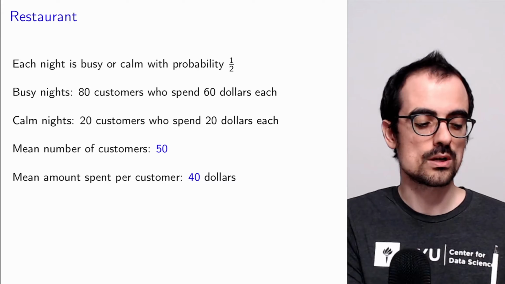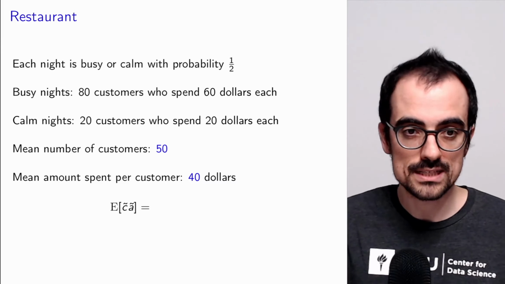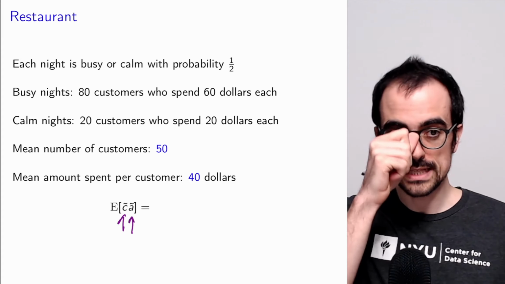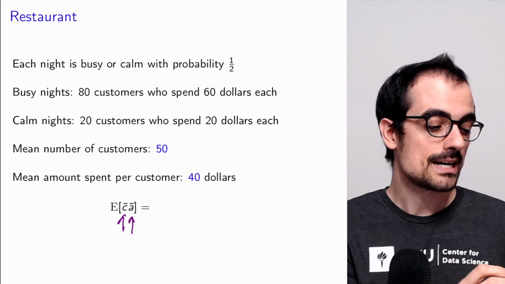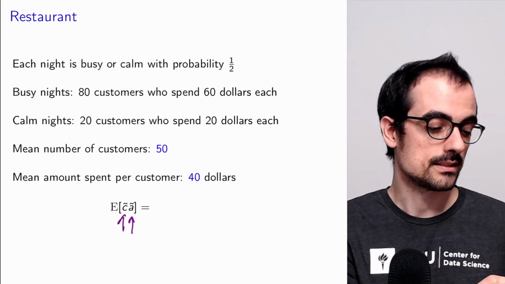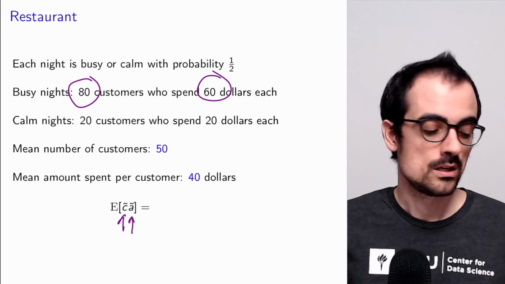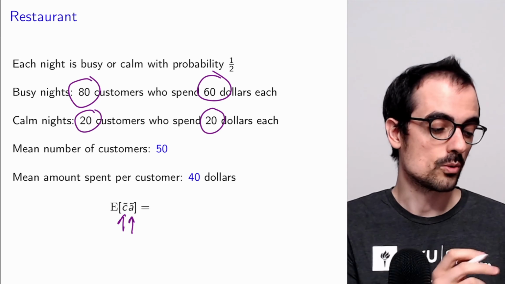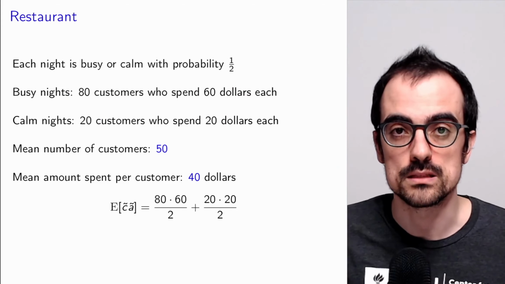Now let's take a look at the mean amount of money earned by the restaurant. Well, it's equal to the customers times the amount spent per customer. On busy nights, that is equal to 80 times 60. And on calm nights, it's equal to 20 times 20. So we have 80 times 60 divided by 2 plus 20 times 20 divided by 2.